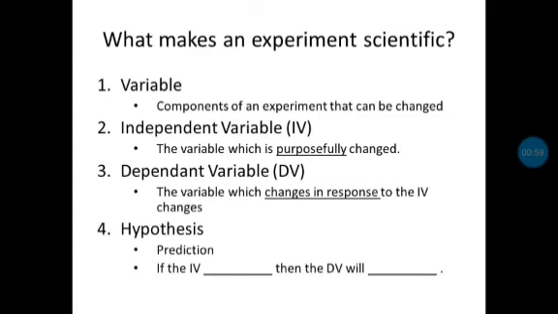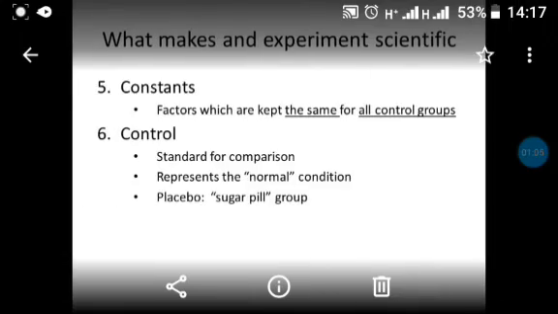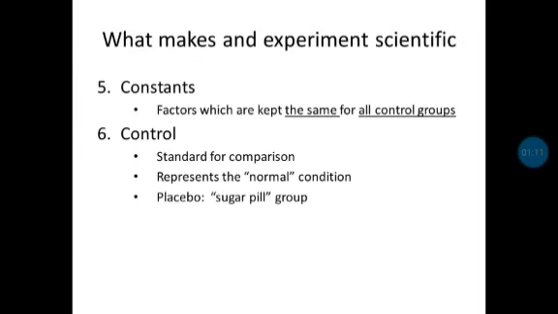So there are three variables. The third one is the controlled variable, as it is stated here in number 6. It is sometimes known as placebo or normal condition or standard for comparison. And this variable is known as a control variable.